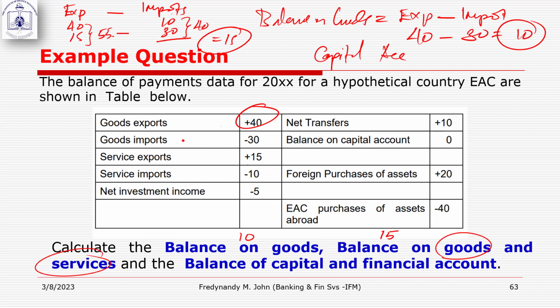So what transactions here fall under the capital account? Foreign purchases of assets. Now, foreign purchase of assets implies that individuals or investors from other countries purchase some assets from this country. So that entails cash inflow. That's going to be 20.